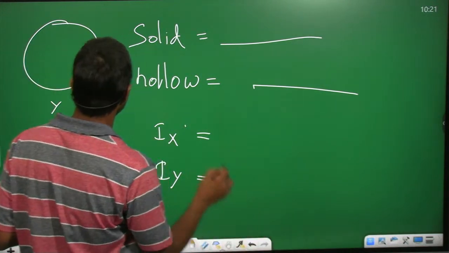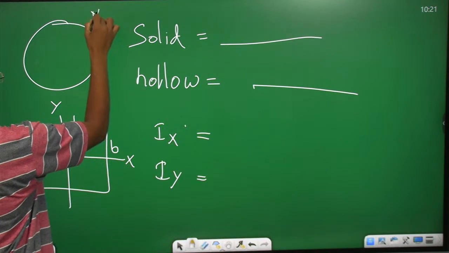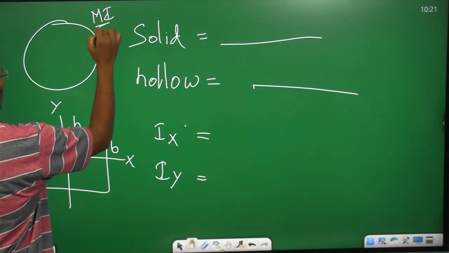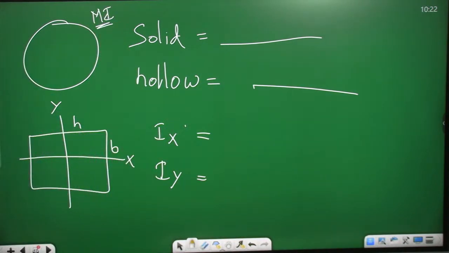So moment of inertia of all these increase volume. So I guess it is fine. Okay, for solid sphere we have an answer. Okay, next.